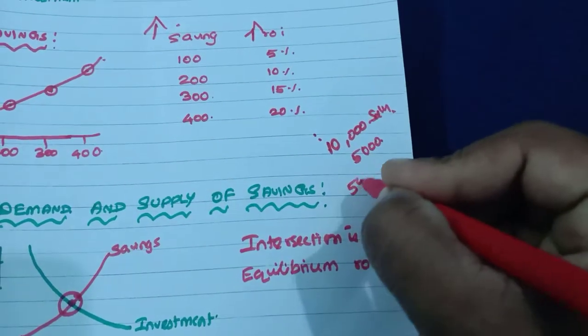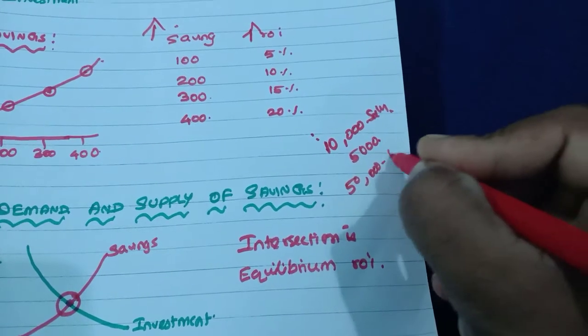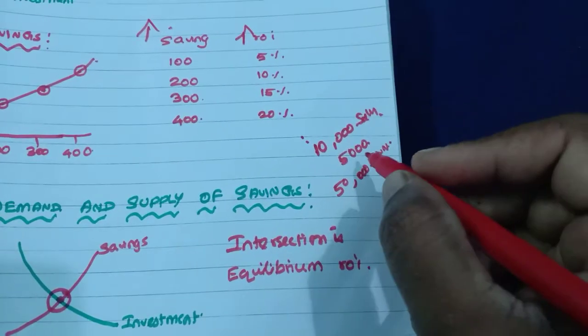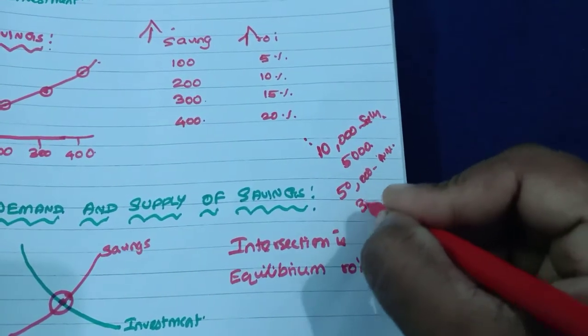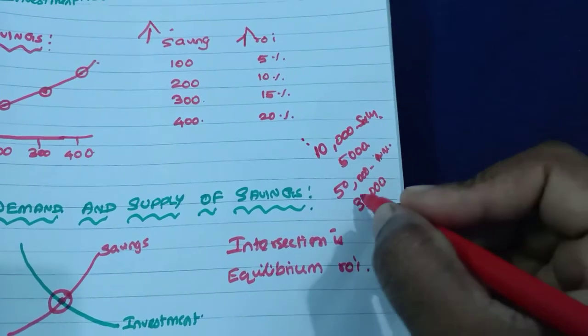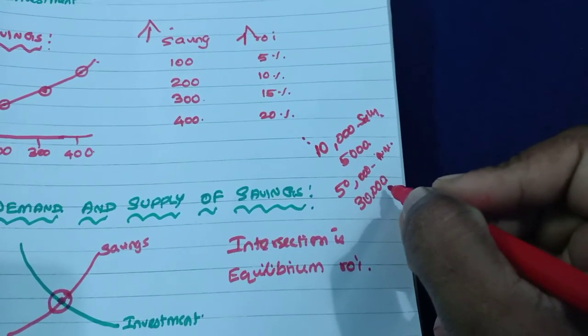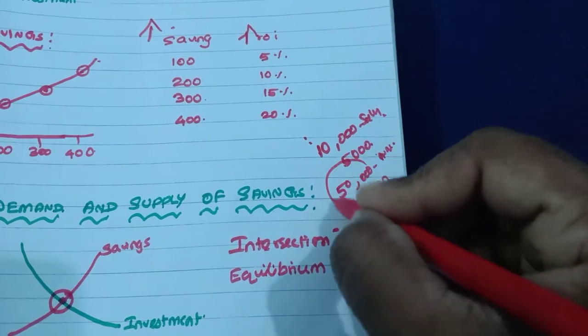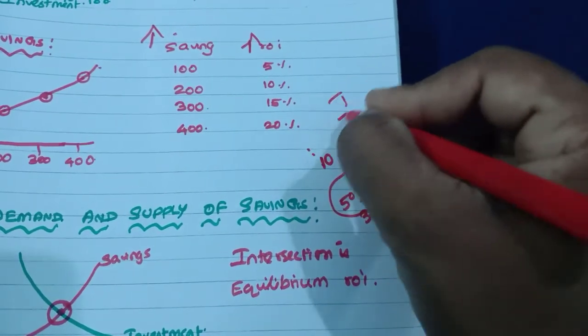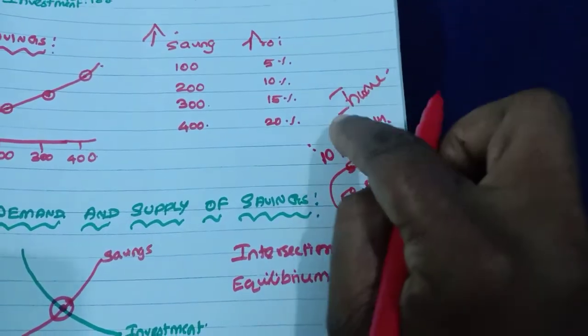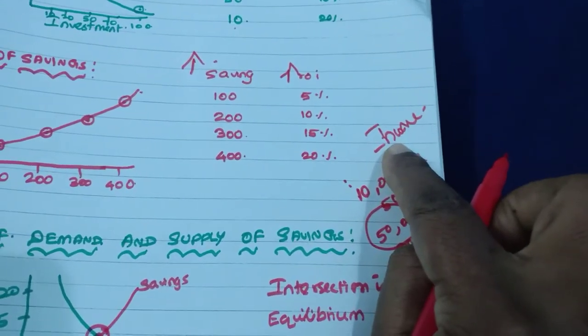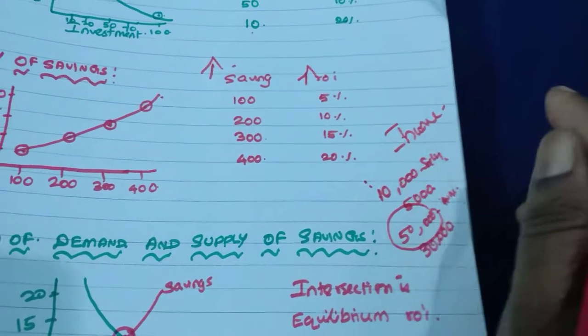If I get 50,000 as my salary, that is income, then I can save up to 30,000. So income determines an important aspect here, an important part here.